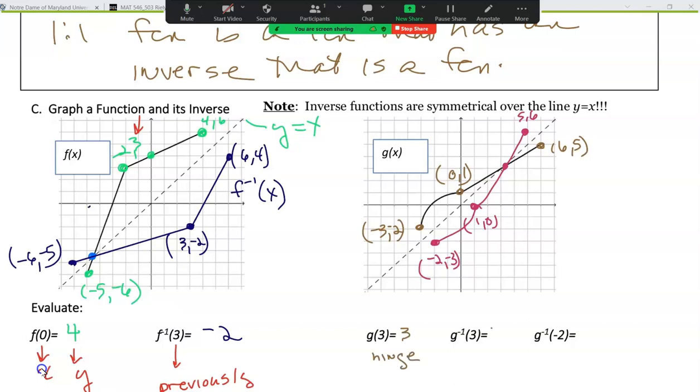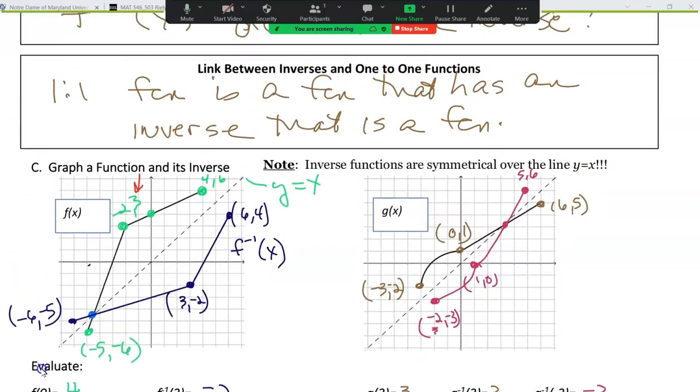Because that's the hinge, I'm going to have the same value right there. And then what about g to the negative 1 of negative 2? So negative 2 is here. That's going to be a negative 3. Okay? So this point here was the hinge, and that's why they're both the same.